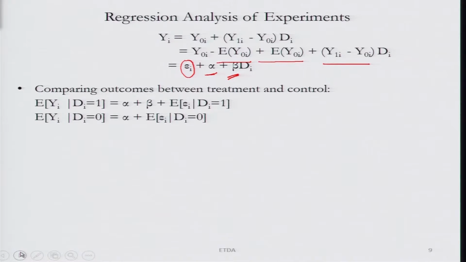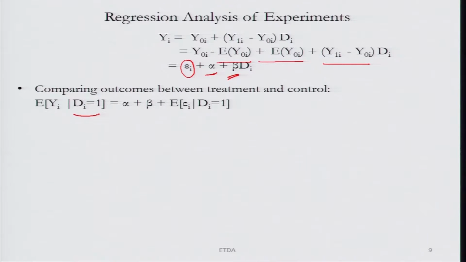So, how do you prove that beta is indeed the treatment effect? You would first compare the outcomes between treatment and control. If you recall, the treatment group is d i equal to 1.